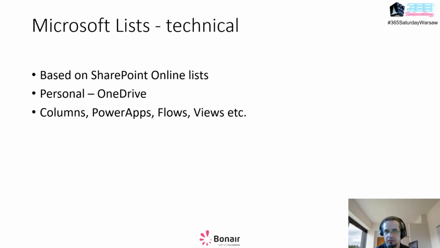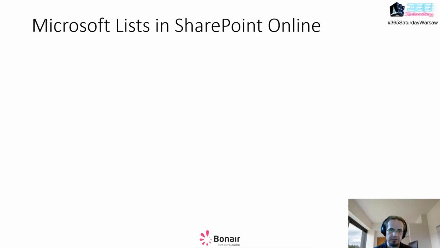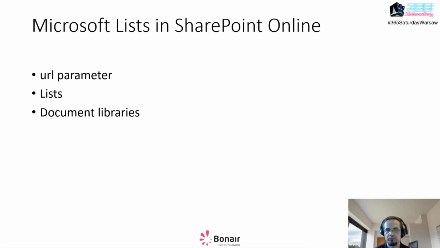We can click power-ups and use power-ups forms for new entries. We can use flows. Yeah, it was SharePoint Online, and yeah, we can use that URL parameter. It's pretty easy. We can use it for lists and for document libraries as well.